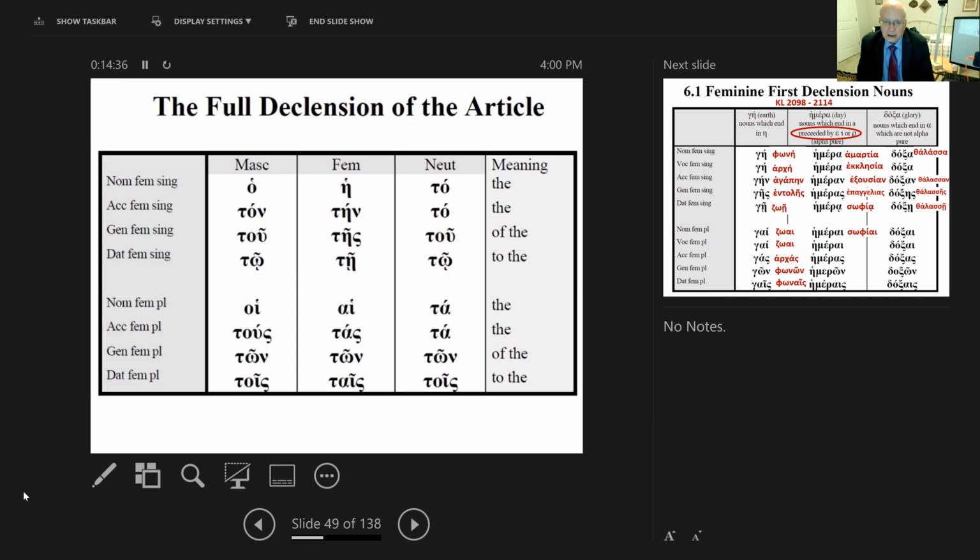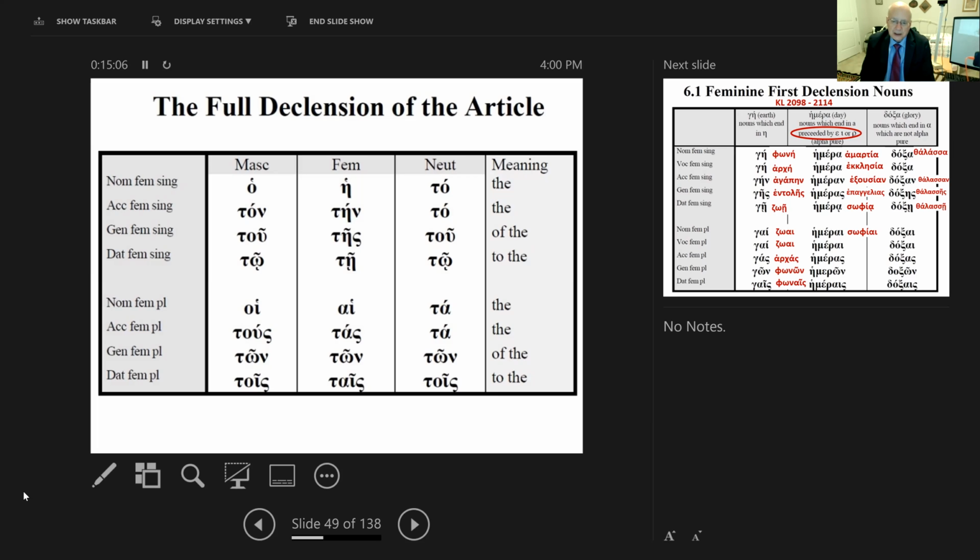I know it seems like a lot to add 8 more forms, but once we have those 8 new ones for the feminine form, we have all the forms of the article that we will ever have, only 24. So we know ho from ho logos, and to from to paideion, and to prosopon, the words in chapter 4, the vocabulary.